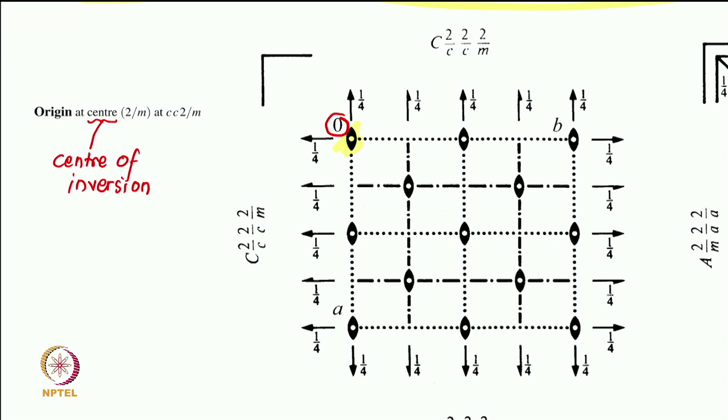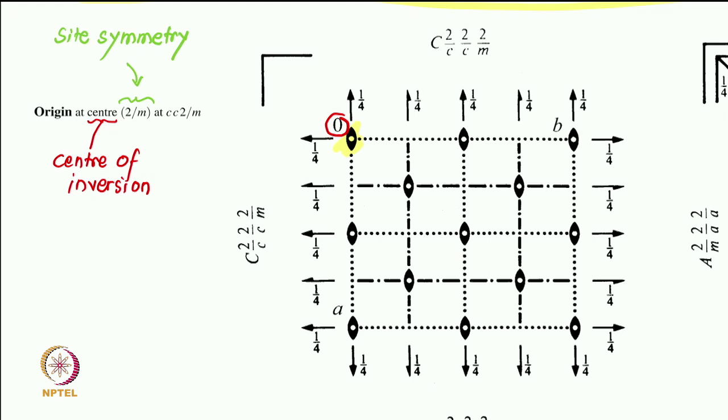There is more detail about the origin, which is given here. It gives the site symmetry of the origin. Site symmetry, it is saying that the origin is at 2/m.